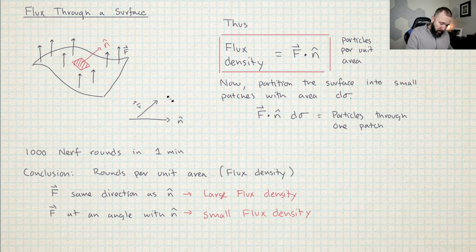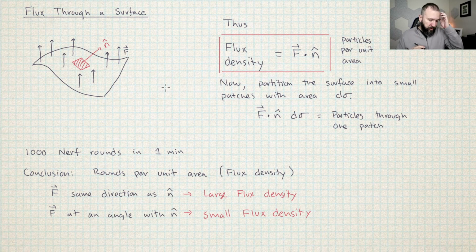The more and more that you turn this, the force field, the smaller and smaller the projection's going to get. So what that means is that the flux density is the projection of the velocity onto the vectors that are normal to the surface.